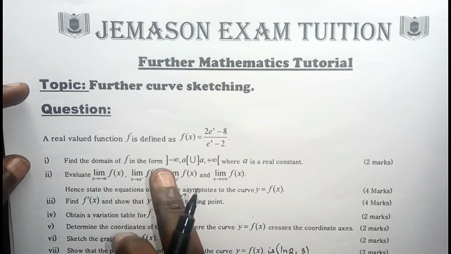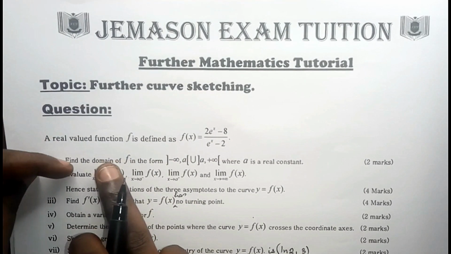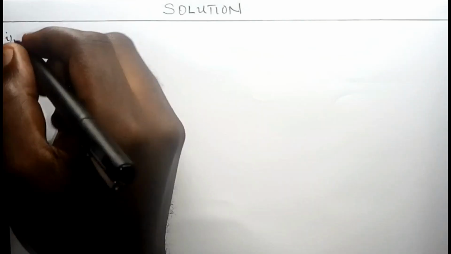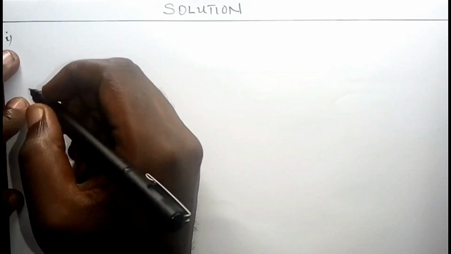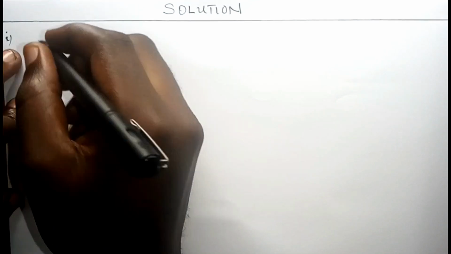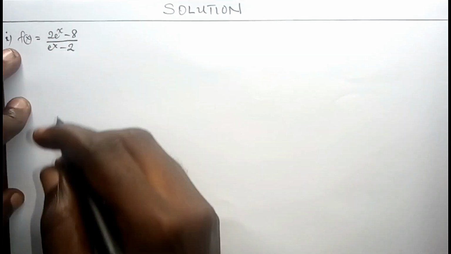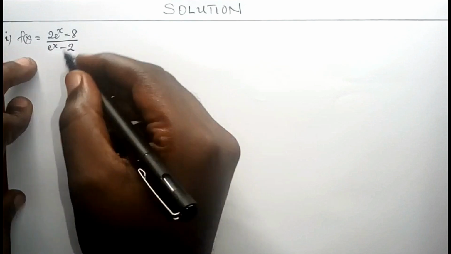Okay, we start with the first part, which is asking for the domain of the function. So for Roman 1, we have f of x equals 2e to the x minus 8 all over e to the x minus 2. This is a rational function.